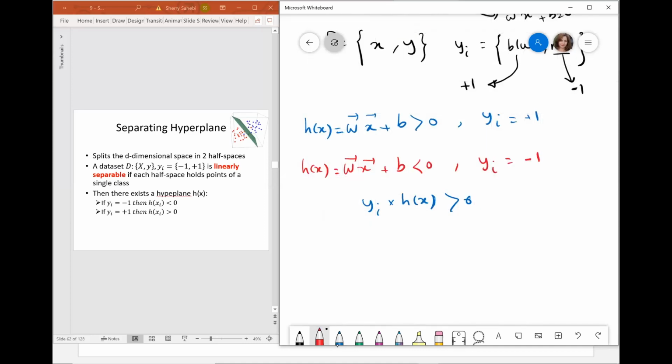And if I multiply yi with h of x in the red class, or the negative class, this is also going to be positive. Why? Because h of x for the red class is negative, and the label for the red class is negative, so two negative things together give us a positive thing. So just keep this in mind for a while, and we are going to get back to it.